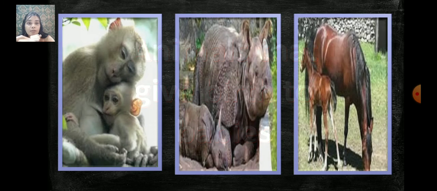Now look at this picture. The monkey gives birth directly to the baby monkey. The rhinoceros has a baby rhinoceros, and the horse has a baby horse. These animals give birth to their babies directly.